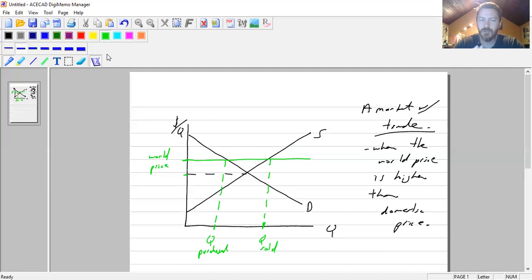The former domestic price, before this economy opened to trade, is completely irrelevant. None of the businesses in this country are going to sell for that lower former domestic price when they can get the higher price on the global marketplace. So what would have been the domestic price is completely irrelevant. It has nothing to do with the picture at all now.